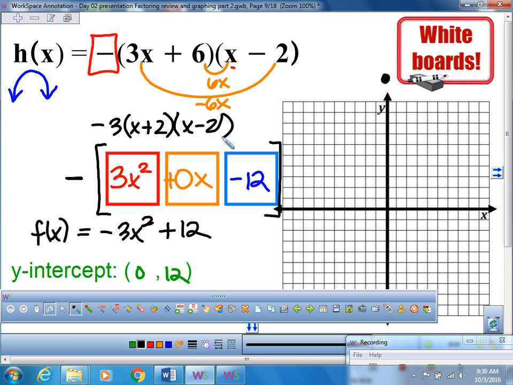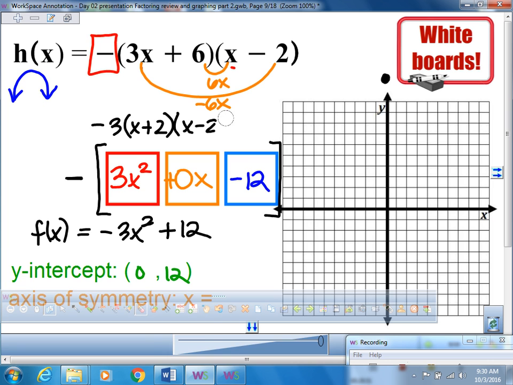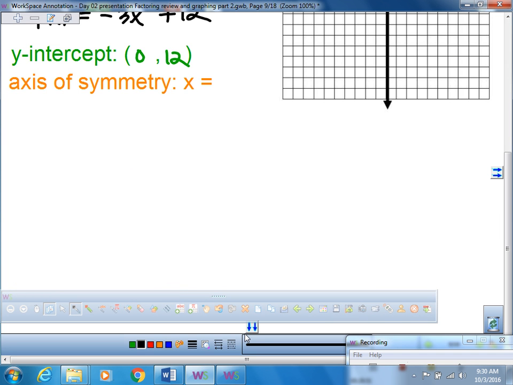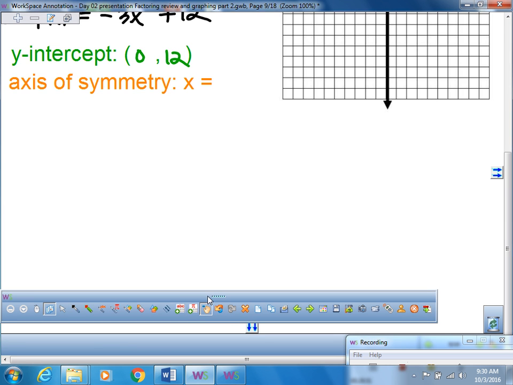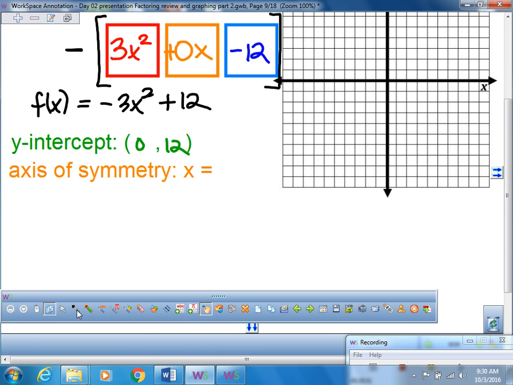What does that look like? Not a perfect square. It's called something different. I heard it. Difference of squares. Check this out. If I were to factor this, guys, look it. If I factor out a negative 3, what's left over?